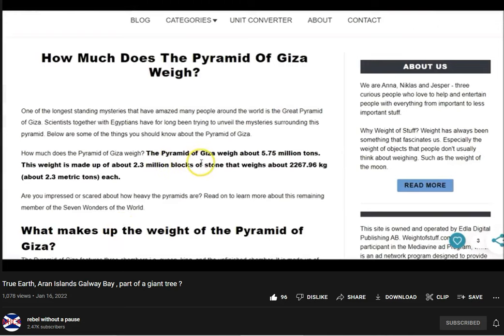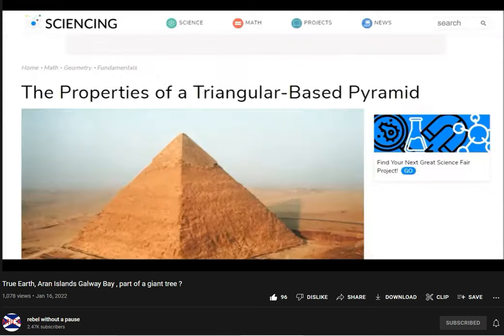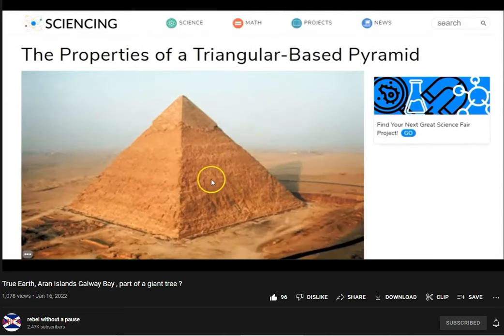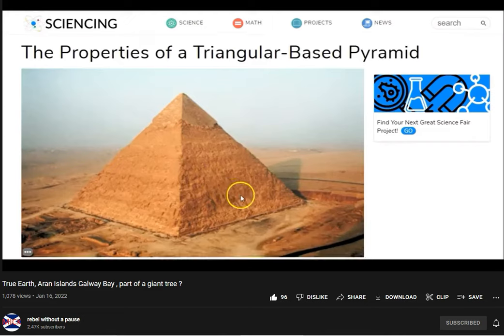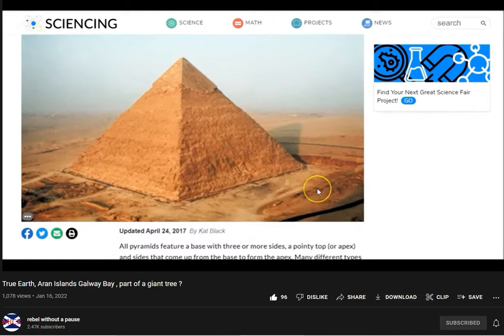The Pyramid of Giza, the big one, weighs about 5.75 million tons, right? So that's just under 6 million tons, which means that if they got all the stones from the islands together, then it would be, well, half the size of that, pretty much. It's a lot of work for nothing.